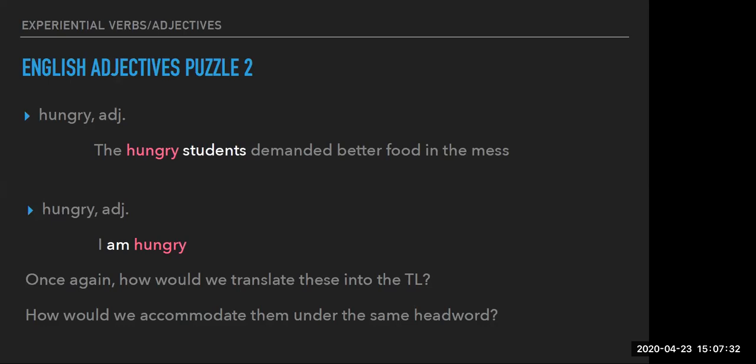In Tamil, if we have to use the copula, I am hungry, then it's the same as the beautiful sentences we had. We use the adjectival suffix in the first sentence, the hungry students, and the adjectival suffix in the second one, I am hungry. Right? So can you say it? I'm not making the connection.